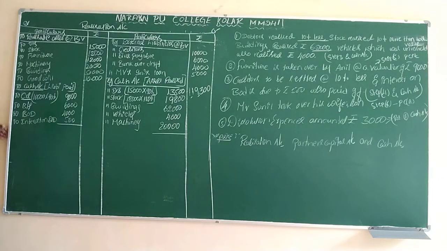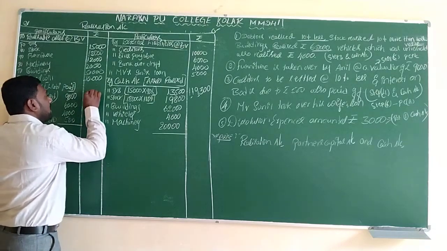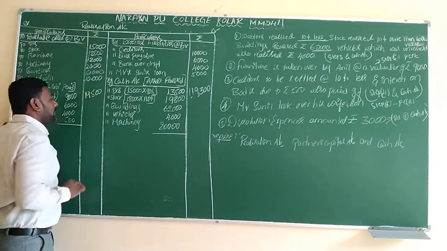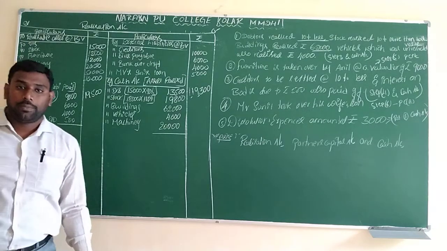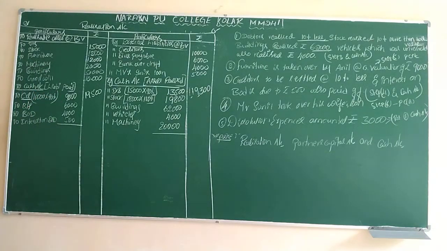So 9 plus 6, 15,000, 15,000 plus 4,000, 19,500 rupees is the payment of liabilities that we have to pay at the time of settlement in the cash account. In this cash account we have to show this one. This is about step number 4. So step number 1, always assets realized.